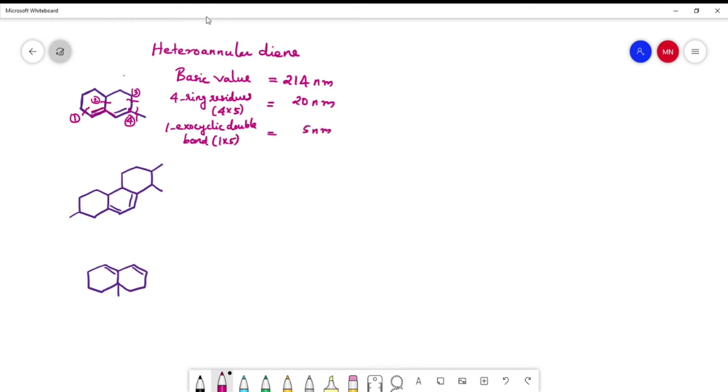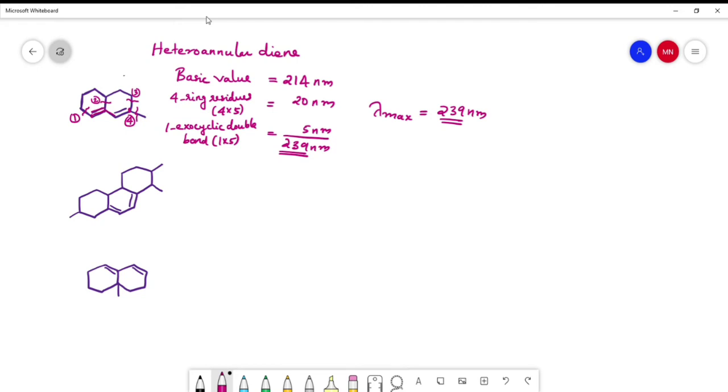If you are adding, you will be getting 239 nanometer. So this particular compound will show a calculated lambda max of 239 nanometer according to the Woodward-Fieser rules.